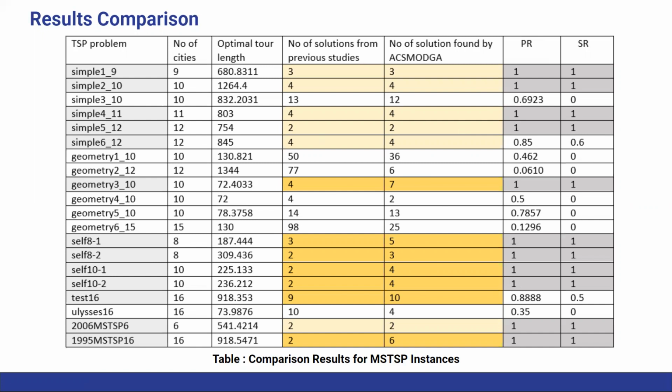Here, all the highlighted areas are greater than or equal to the previous solutions. So, I have succeeded in 13 problems out of 20. The other 7 problems also have multiple solutions, although not as many as the published results.